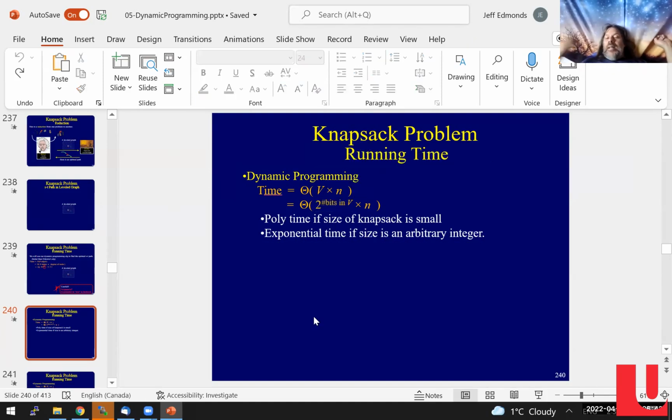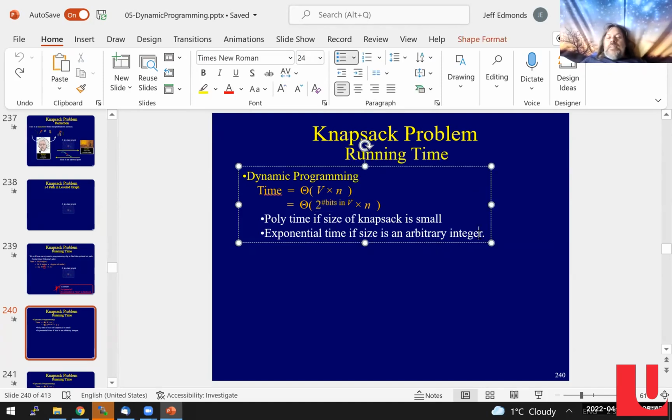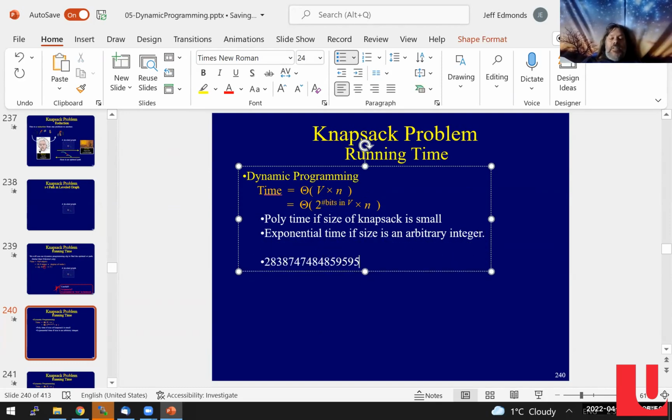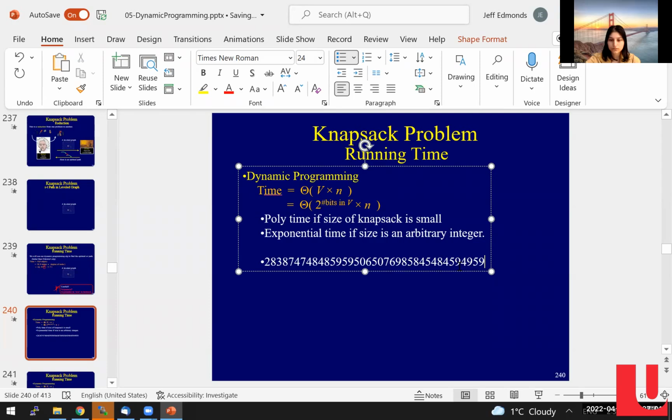Remember, if I write down some integer here, how long it takes me to write it is proportional to the number of digits, right? But if I asked you to count 1, 2, 3, 4 up to this number, the universe will have burnt out by the time you're done.